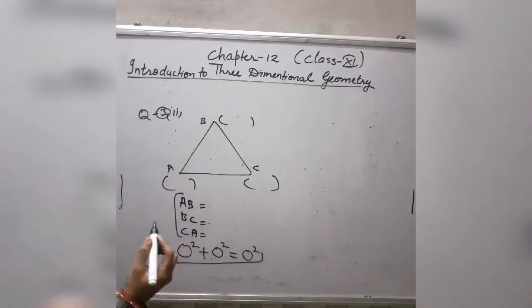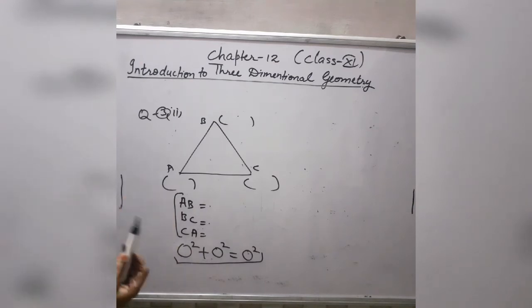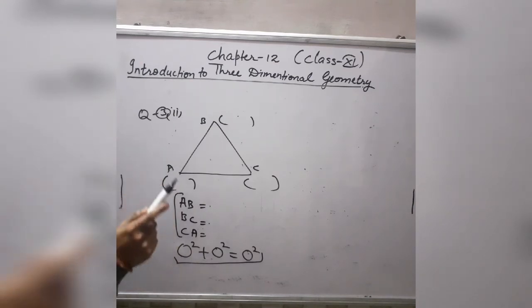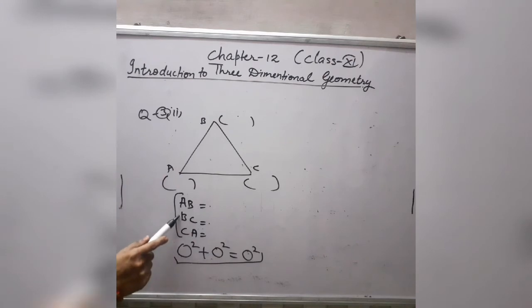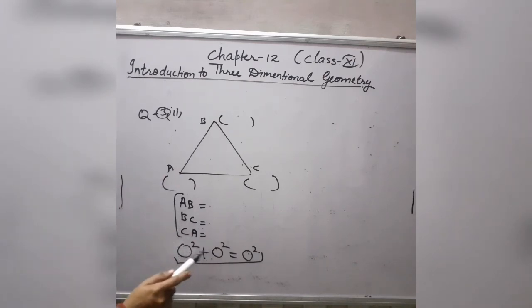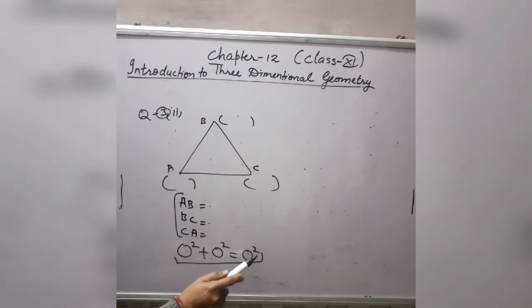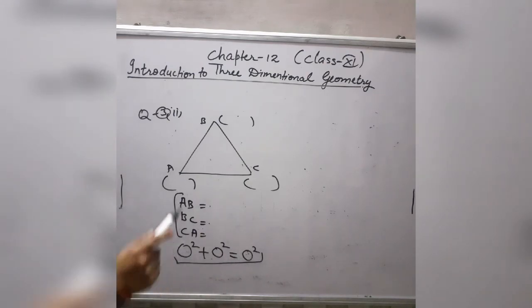If this result is verified in this case, it means the Pythagoras theorem is satisfied. It means the given triangle is a right angle triangle. Listen again. Firstly, by using the distance formula you will find the lengths of all the sides of the triangle. If in these 3 lengths the sum of the squares of the 2 smaller sides is equal to the square of the third side, it means the Pythagoras theorem is satisfied, then that triangle will be a right angle triangle. So you will check this condition in this case.